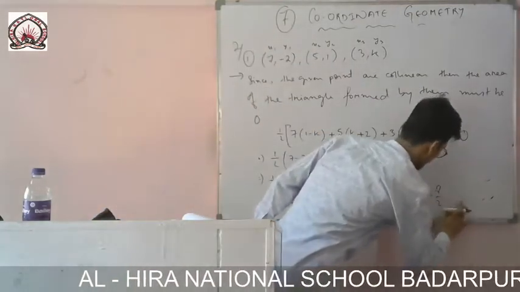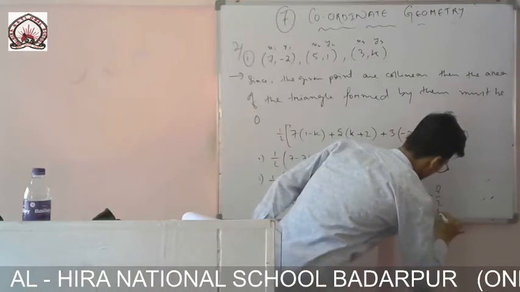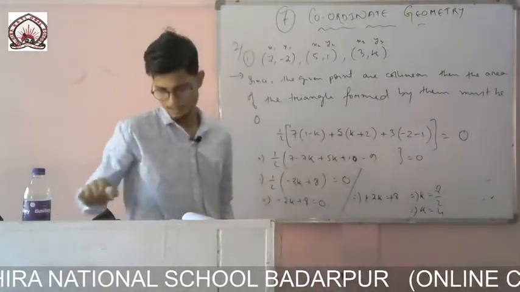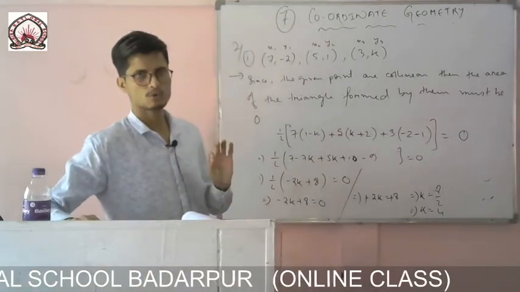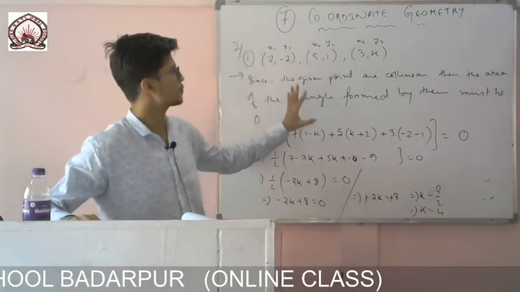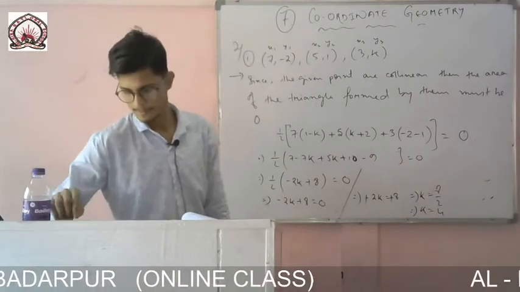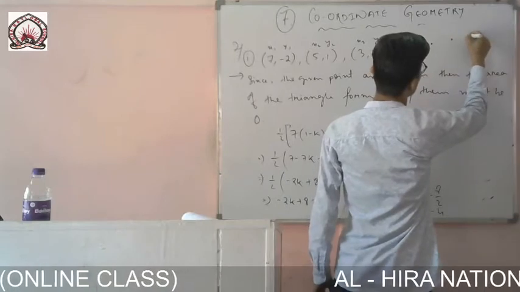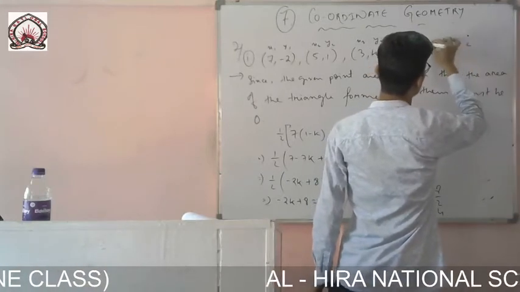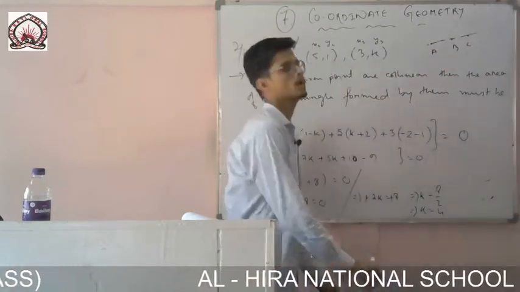It's better you write it in the next line: k is equal to 4. What I have done in the question: the condition was given that the points are collinear. If I name these 3 points A, B and C, and they lie on the same line, then the area will be equal to 0.